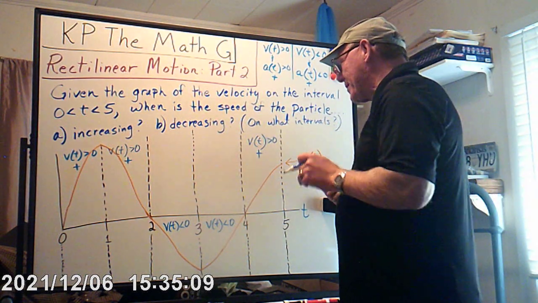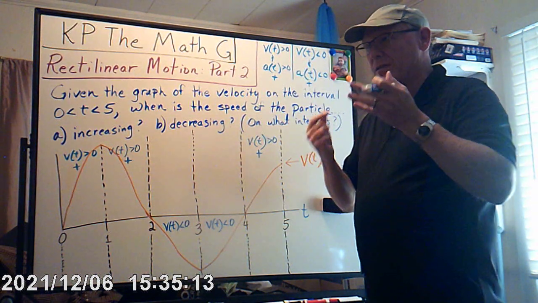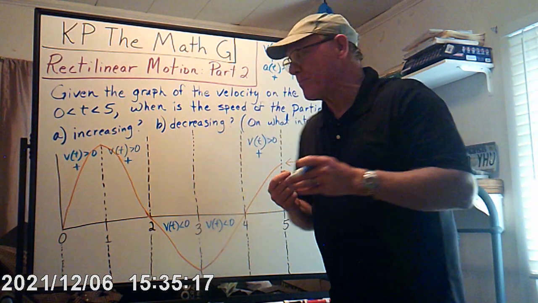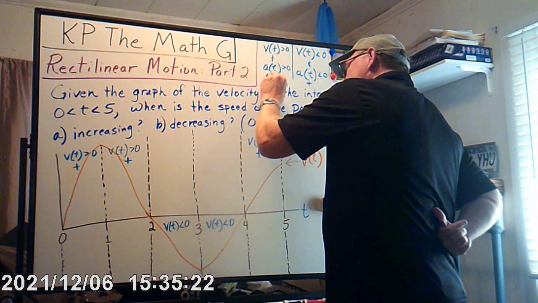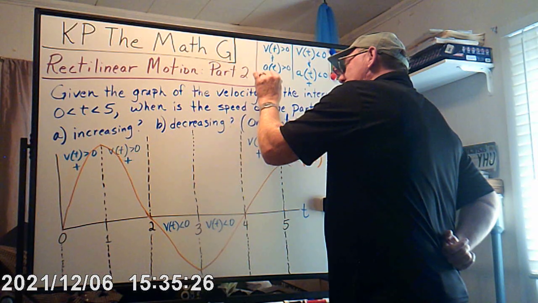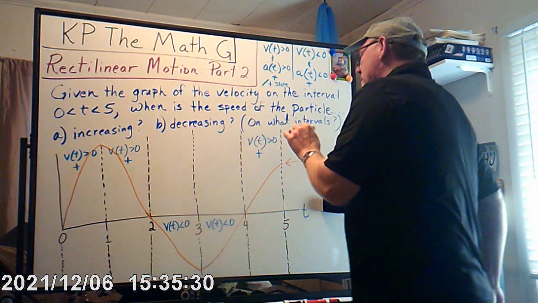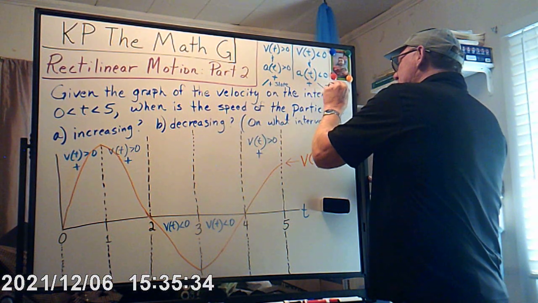Now, recall, this should be easy for us to know because we should have learned this way back in Algebra 1. If the slope is positive, it's going to be leaning to the right. This is the slope we're talking about here. If the slope is negative, it's going to be leaning to the left.